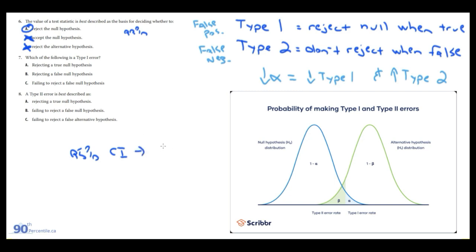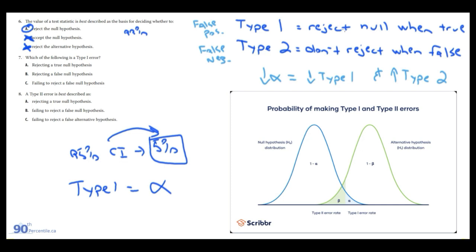And on the flip side of that, the 95% confidence interval reflects a 5% significance level. So there's a 5% chance of a type 1 error. So we're 95% sure in the confidence interval, so there's a 5% chance that we're wrong when we reject the null when it's true. So type 1 error is also equal to the significance level.